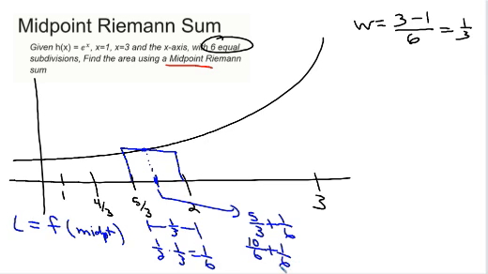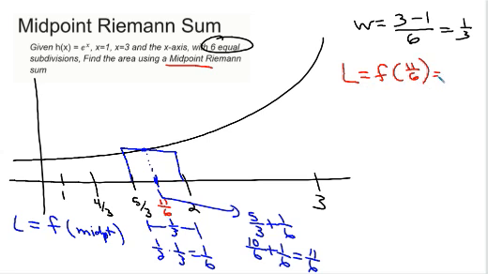All right? So that midpoint x coordinate is 11/6. This thing right here is 11/6. And that is what I would plug into my function to find my length. My length is going to be f of 11/6 for that rectangle.